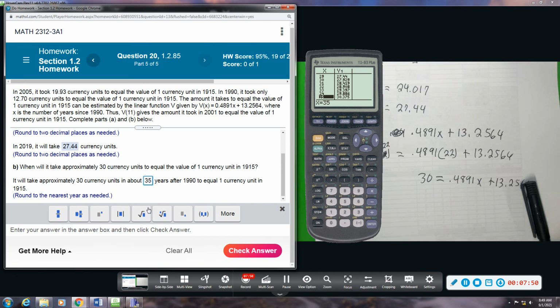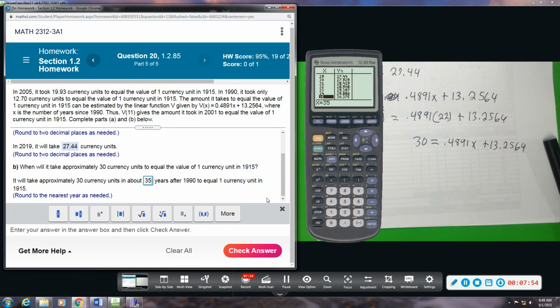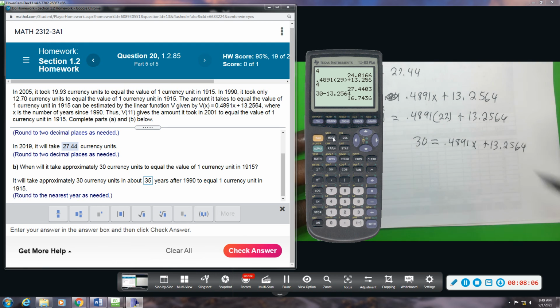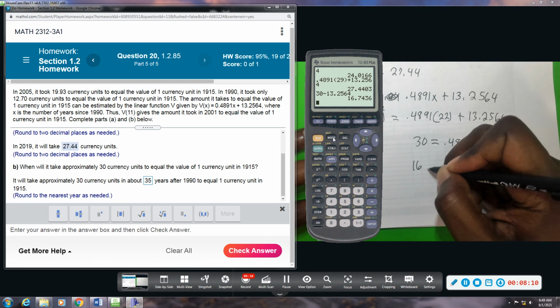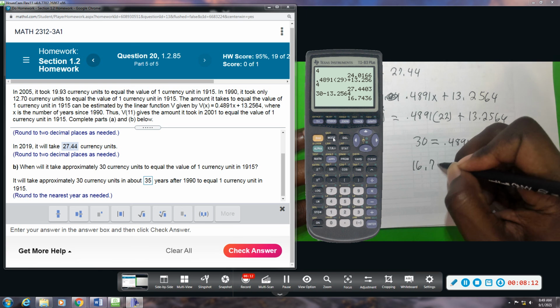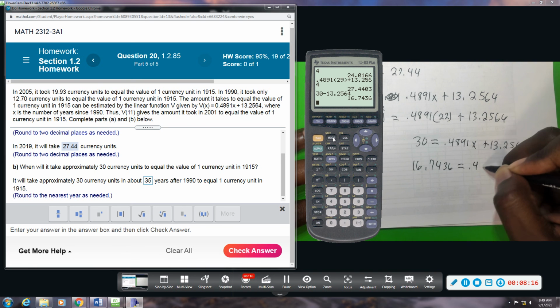Let's show you how to do that by hand. I'm going to take 30, and then I'm going to subtract 13.2564. So I'm going to go second, quit. I'm going to do 30 minus 13.2564. When you subtract that, that's going to leave us with 16.7436 equals 0.4891x.